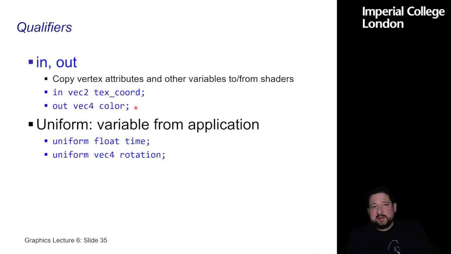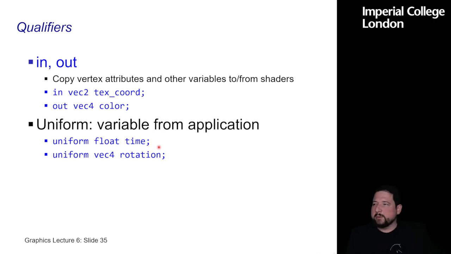Uniform variables are variable qualifiers that define variables that are set by the application stage. So for example, time is a common one. If you have uniform float time, then this has to be found by the application stage. In your shaders, you need to be aware of them and then set them. Time you would update every time you render a frame.